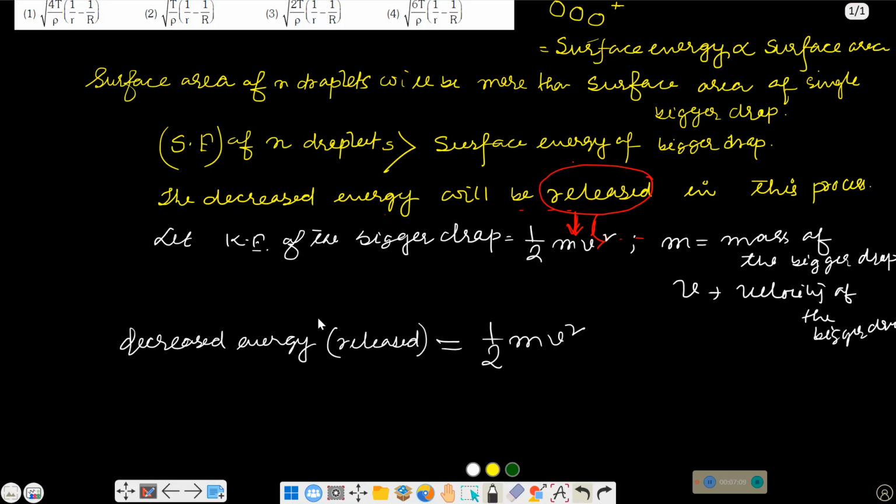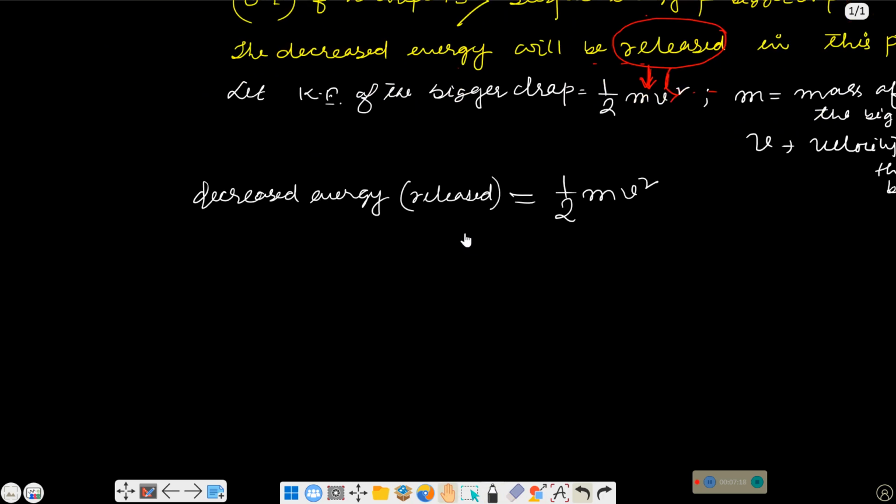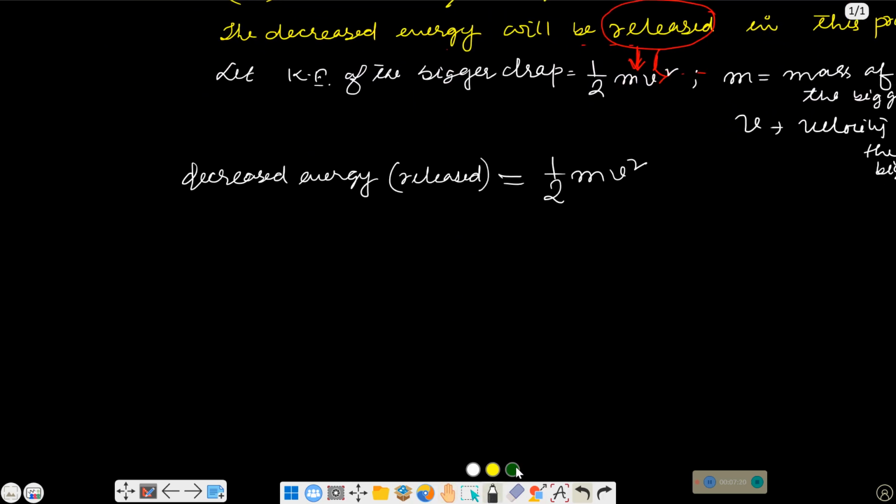For that, we need to find out first the decrease in energy. So initially, we have n number of droplets. We don't know how many droplets there are. A large number of droplets, as the question says, of radius smaller r, will form a bigger drop of radius capital R.